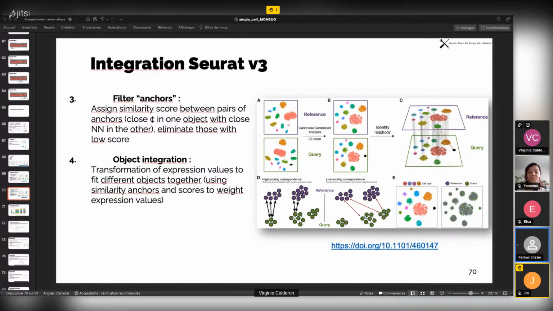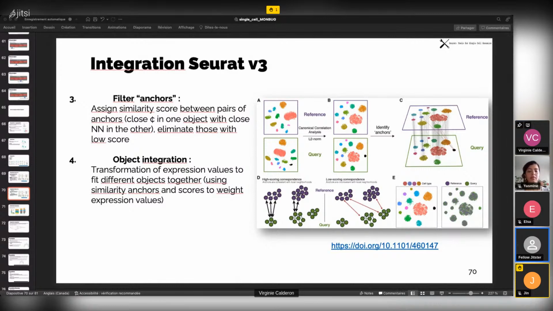So integration also eliminates some cells. Sorry, I just don't get the question. Can you repeat, please? So yes, I know that at the beginning we have almost like 10,000 or 12,000 cells, for example.